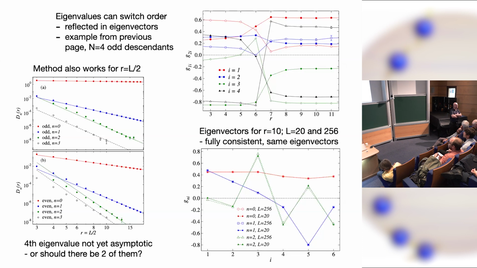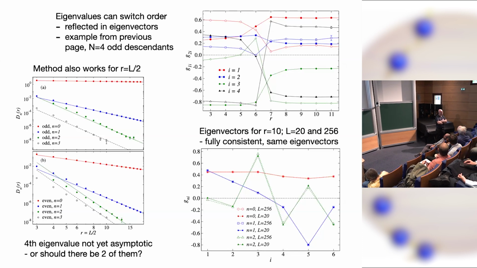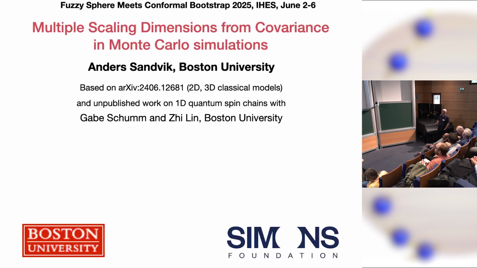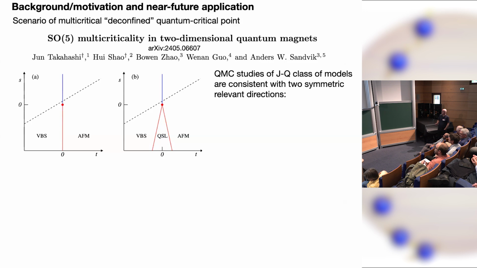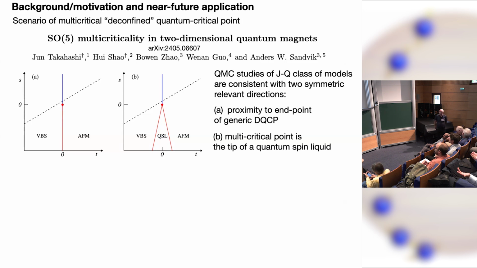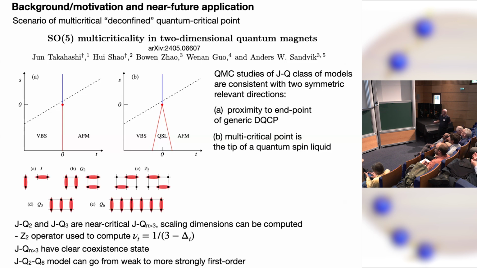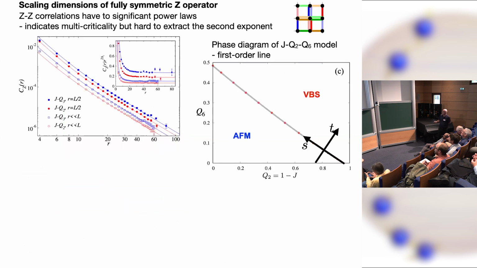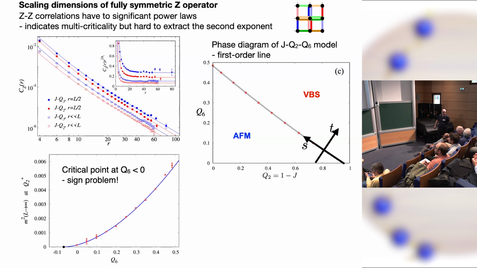I had a question about why you can't get closer to the critical point, given that you're already so close. So you mean in the DQCP? Yeah. Since you think you're very close, it's just that you have to move a little bit in the direction of the T operator. If you do that only using Q6, you get a sign problem. But there should be many operators which will only give you the T and no S. Do they all have a sign problem?